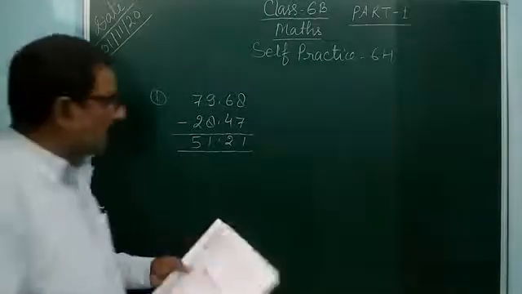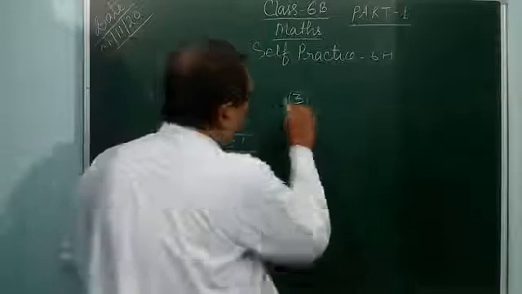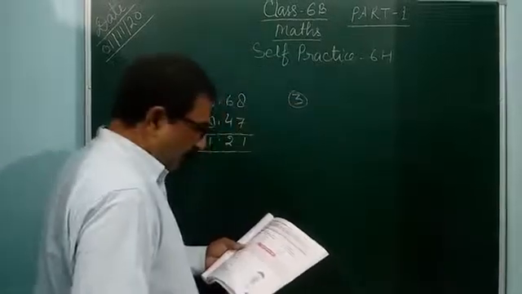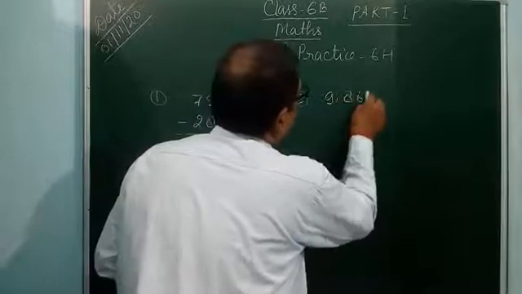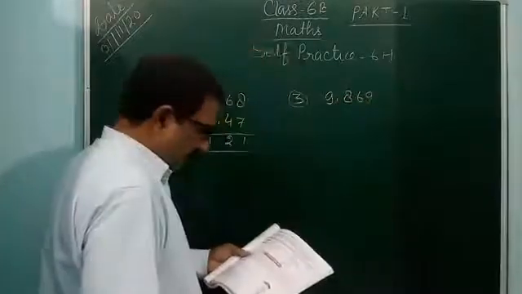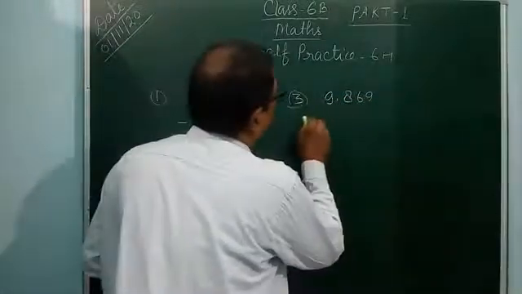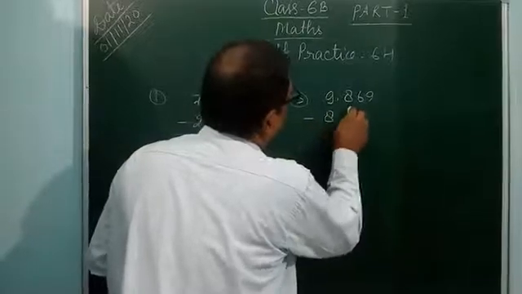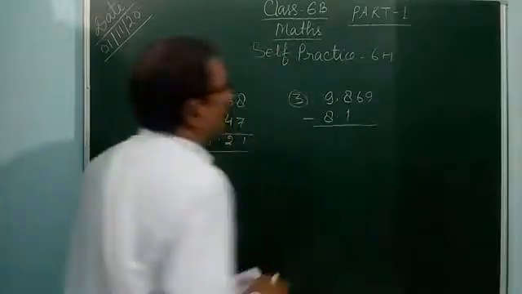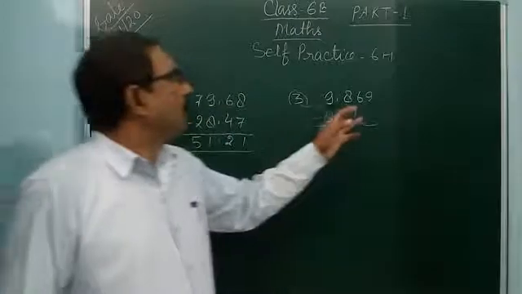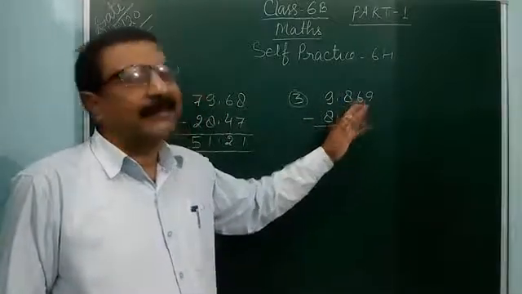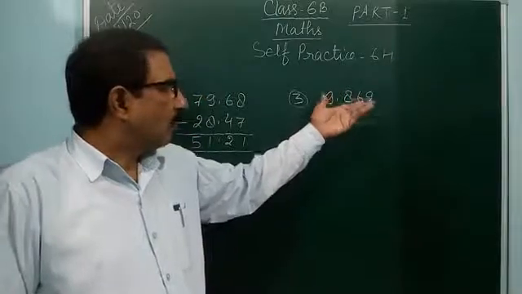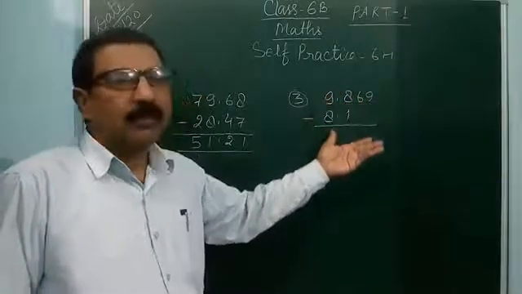What you see? Third question. 9.869 minus 8.1. You can see the more digits after decimal are given as above, from which number you are subtracting.